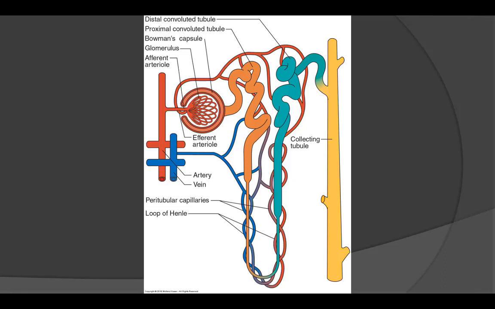Okay, because this area, glomerulus, acts as a filtration membrane. So when the blood is flowing through these capillaries over here, large amount of fluid is filtered across the Bowman's capsule, and it flows through the renal tubules. Okay, I think we all are familiar with this, so I won't spend much time on this.